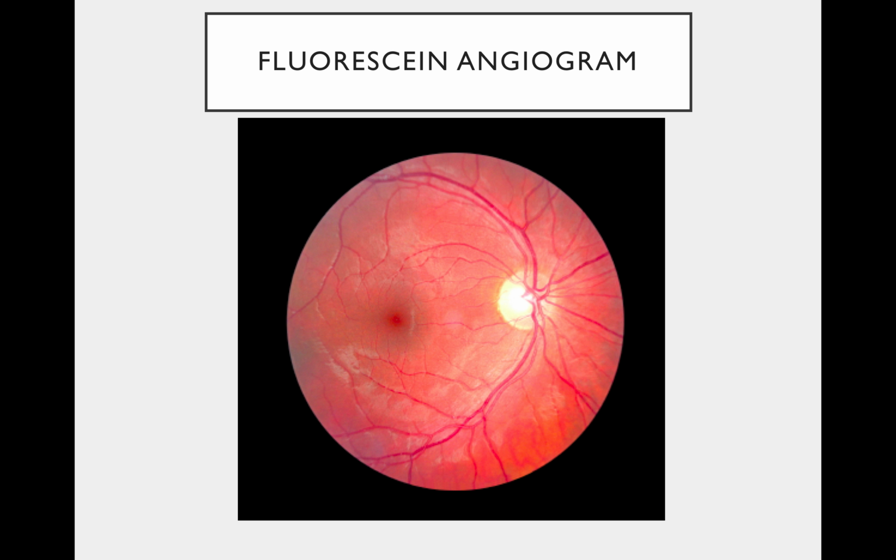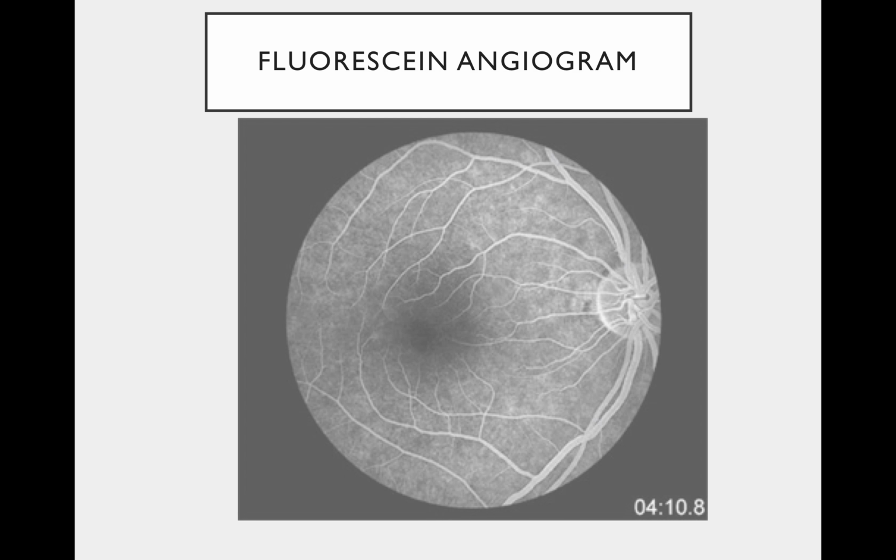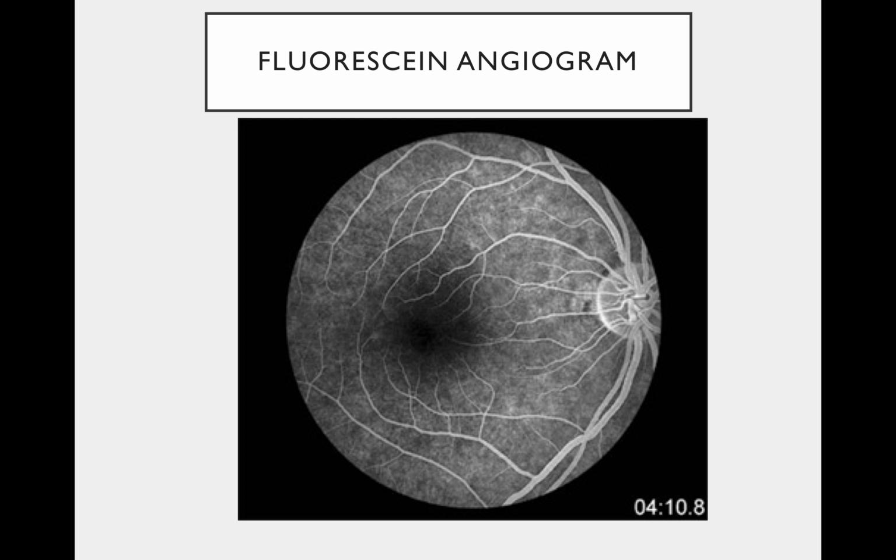Fluorescein angiography, on the other hand, is photographic in nature. This is a photo of a patient's retina, and fluorescein angiography highlights blood flow and other atypia, more often involving a macular area. This is a very normal looking fluorescein angiogram.